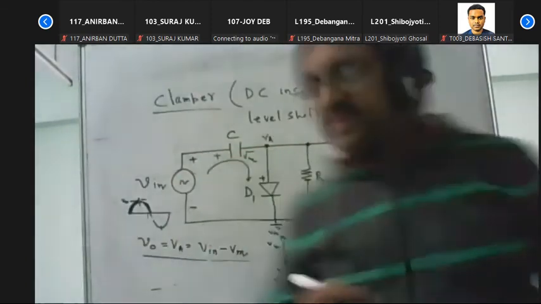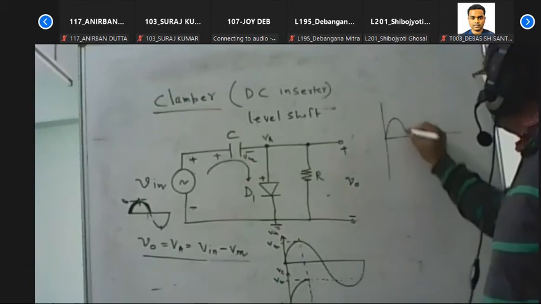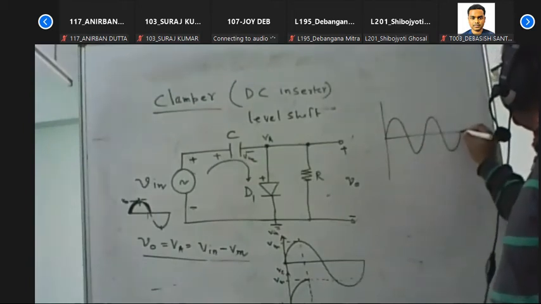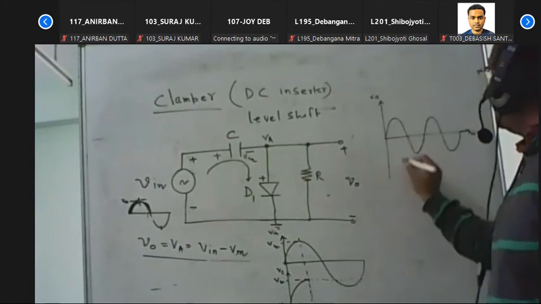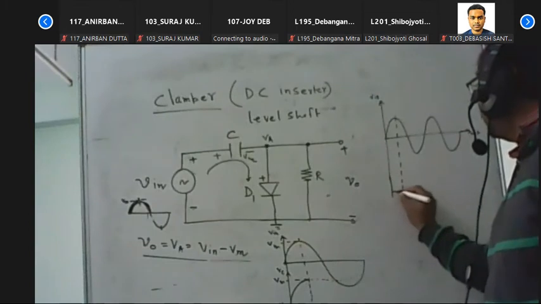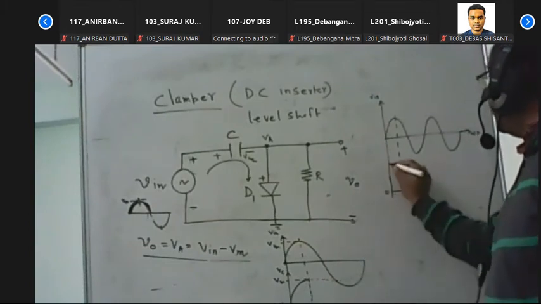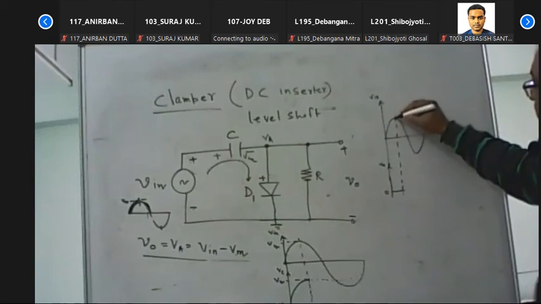We just connect properly. So this is the input signal. And for the first half cycle, the output signal is 0. In the next half cycle, it will start from Vm.